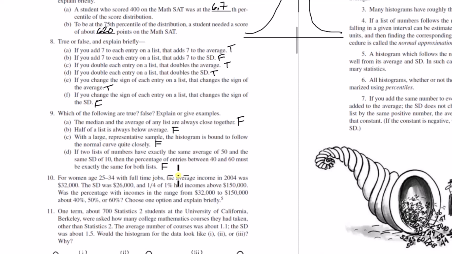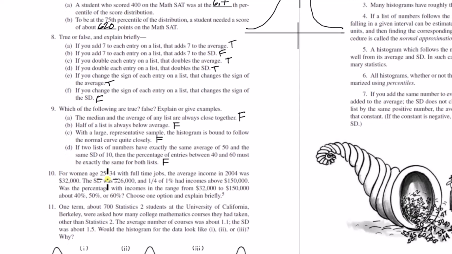If we calculated for these two lists of numbers how many data points were between plus or minus one standard deviation, one might be 67, one might be 71, in the same ballpark, but not exactly the same. Unless you said they both exactly follow the exact normal distribution, which kind of doesn't make sense. How could it be that exact? Oh, it could be. I take it back. It could be. But it doesn't say that, so false.